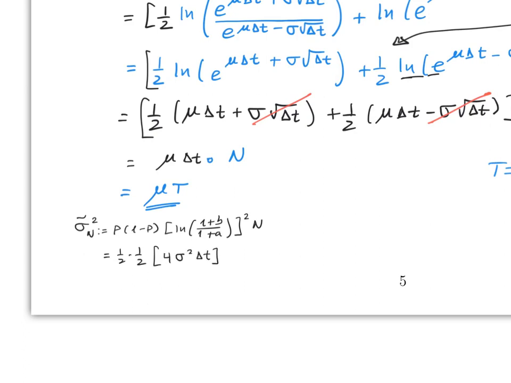Okay, you should verify this by yourselves, that this gives you exactly this times n. So therefore this gives you sigma squared, because this one cancels that one, sigma squared delta t times n, which is just sigma squared times T. And that's it.